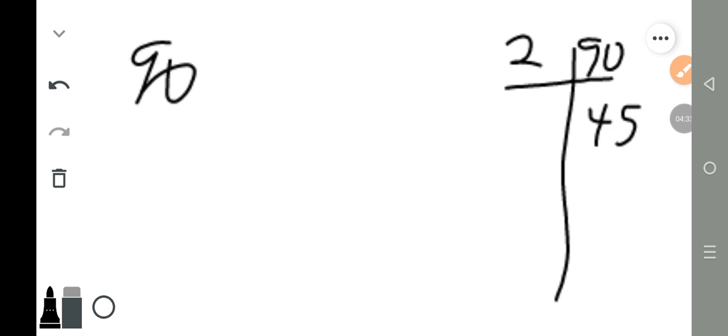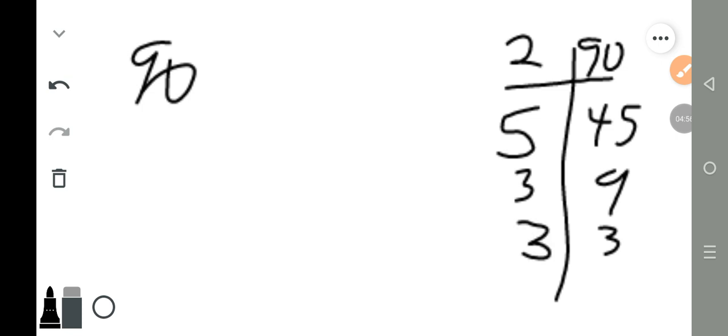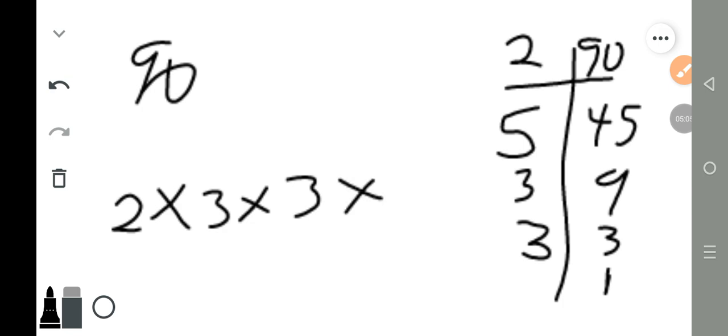The smallest prime number that can divide 45 accurately will be 5. 45 divided by 5 is 9. The smallest prime number that can divide 9 is 3. 9 divided by 3 is 3. The smallest prime number that can divide 3 is 3. 3 divided by 3 is 1. So the prime factors of 90 are 2 times 3 times 3 times 5.